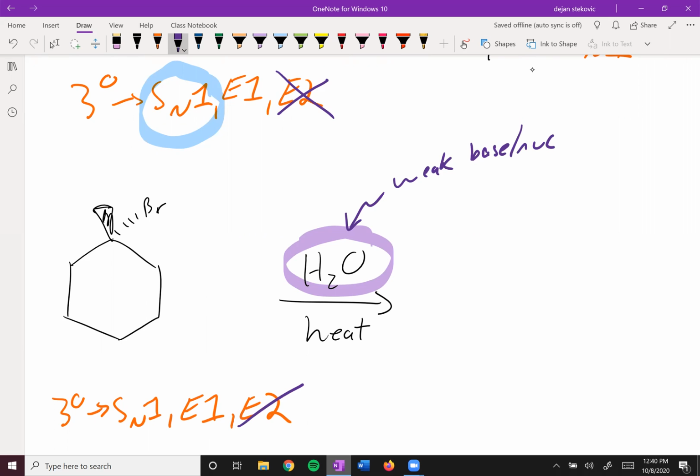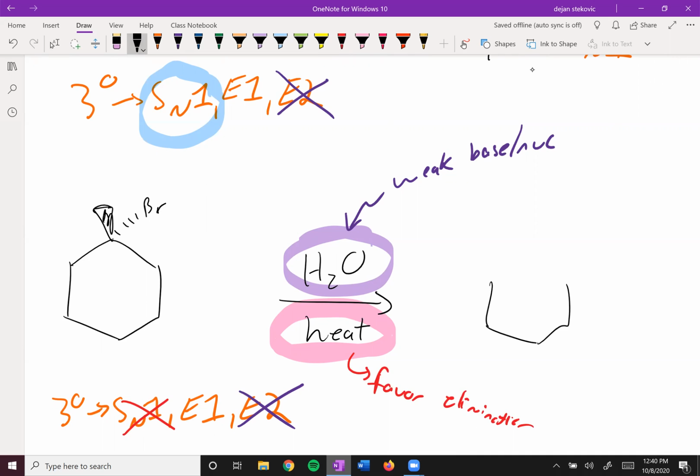And so that'll cross out our E2 pathway. Now we have to choose between SN1 and E1. In real life, obviously, we're going to get a mixture of these two. But in this case, we've added heat here, and heat will favor the elimination pathway. And so we'll say that our major product here is the E1 pathway, and we will get the more substituted alkene.